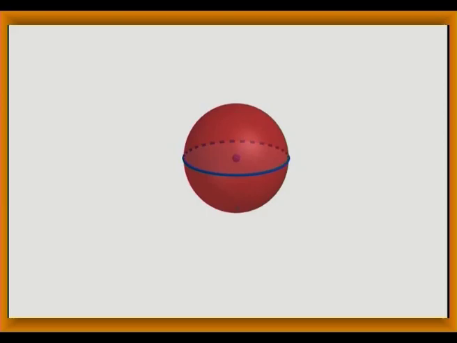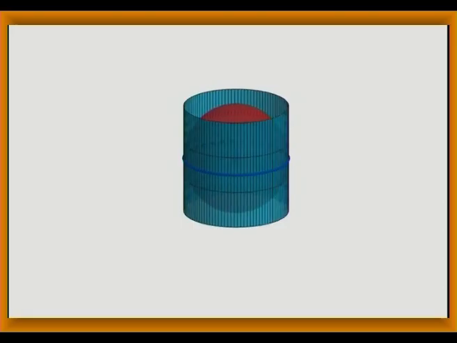We consider a cylinder in which the sphere is exactly fitted. Observe here, the cylinder is in such a manner that the sphere is exactly fitted in that cylinder. Now, what can you say from that? The height of the cylinder is the diameter of the sphere. Further, you can observe that the diameter of the sphere and the diameter of the base of the cylinder are the same.